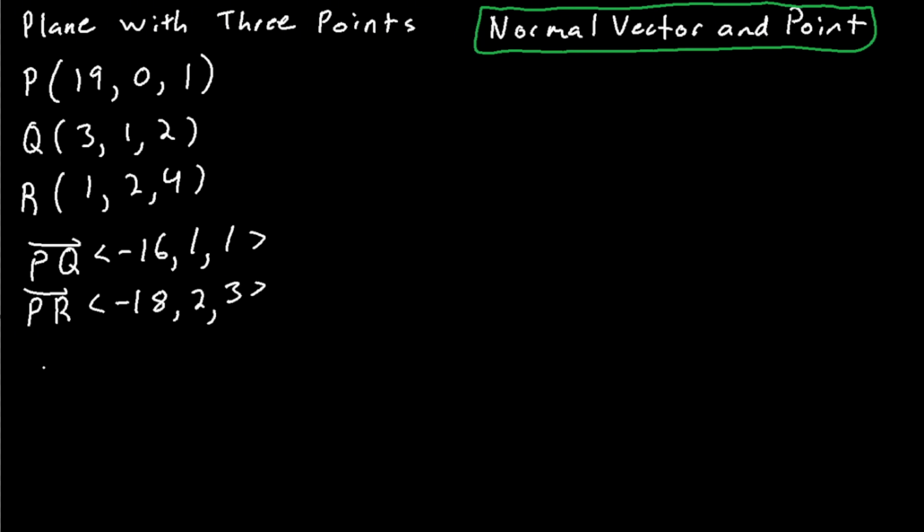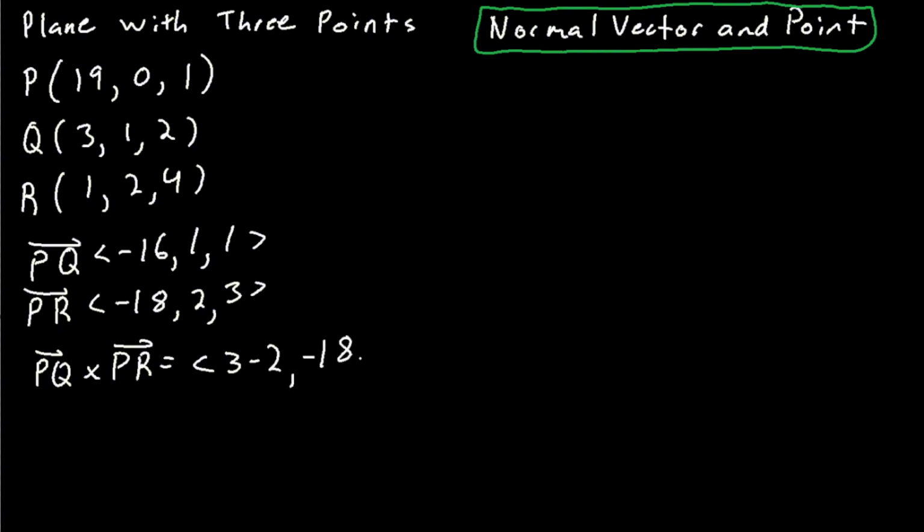Let's find the cross product of these. PQ crossed with PR is equal to, oh wow, I cannot wait to multiply by negative 17 and negative 18. 3 times 2 minus, wait, 3 minus 2, sorry.